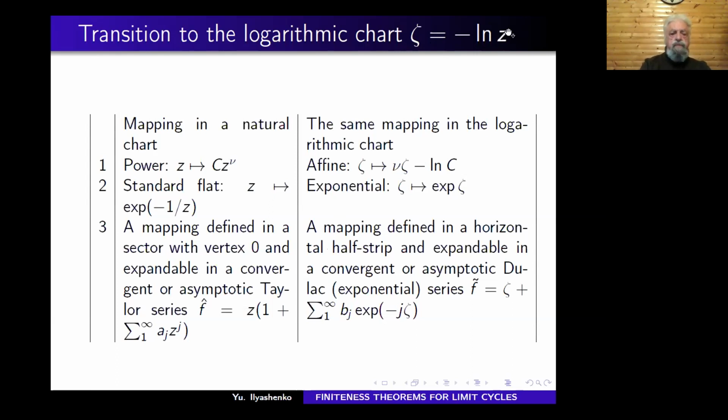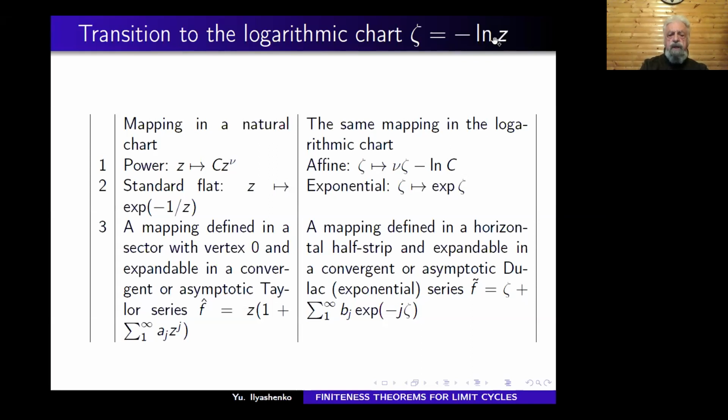So z is a chart on the cross-section to a separatrix of some singular point. The cross-section with the separatrix is deleted, and the Dulac mapping is a non-univalent mapping on the punctured disk.